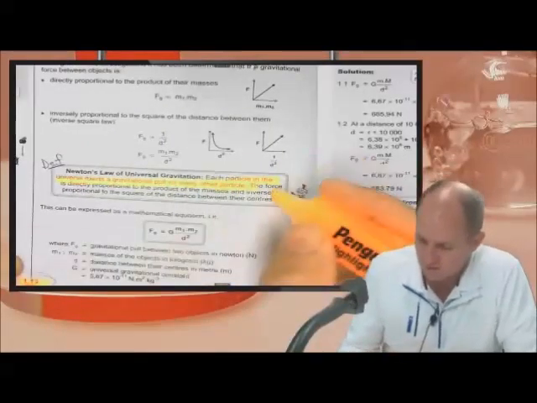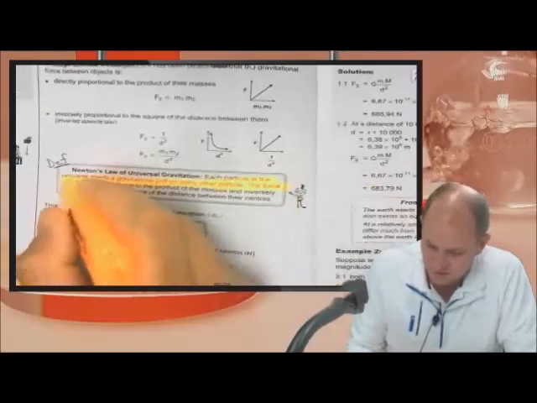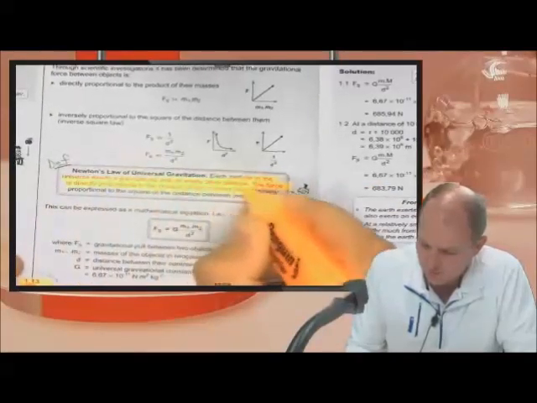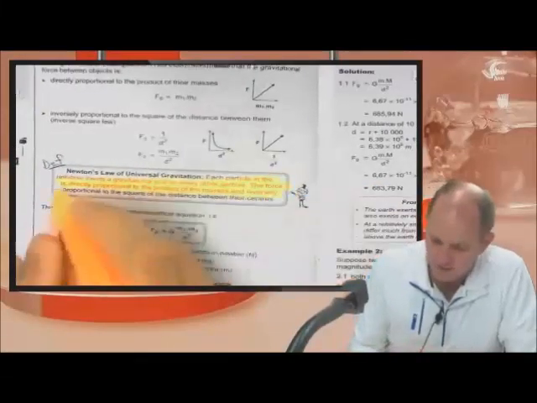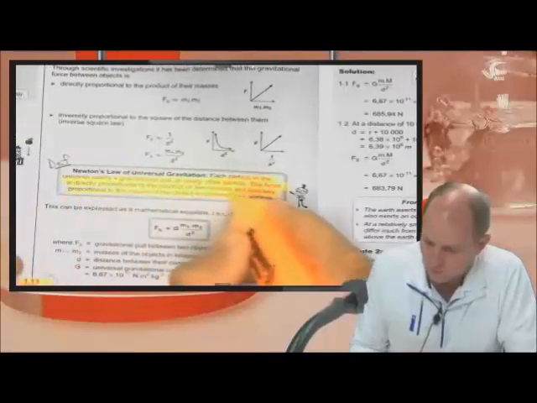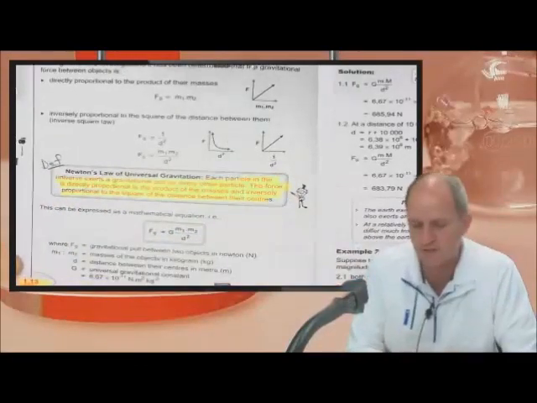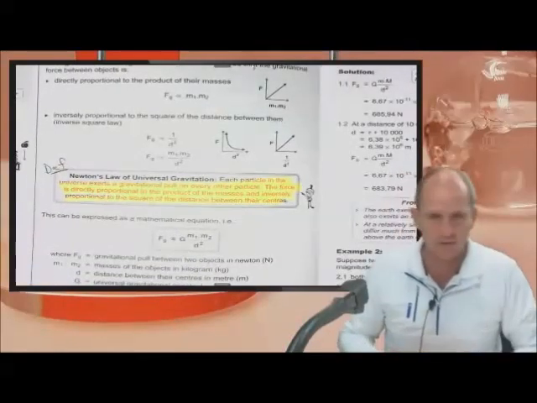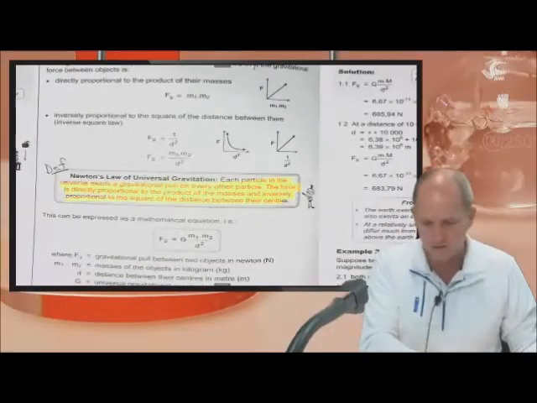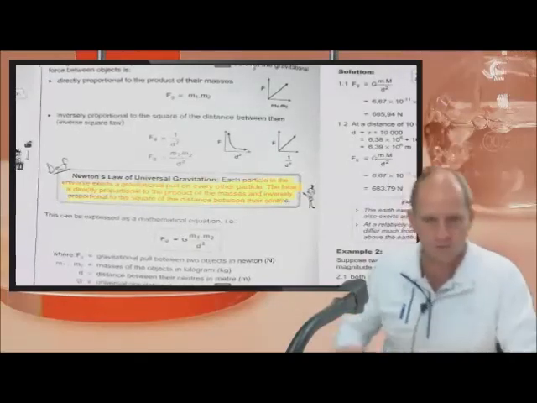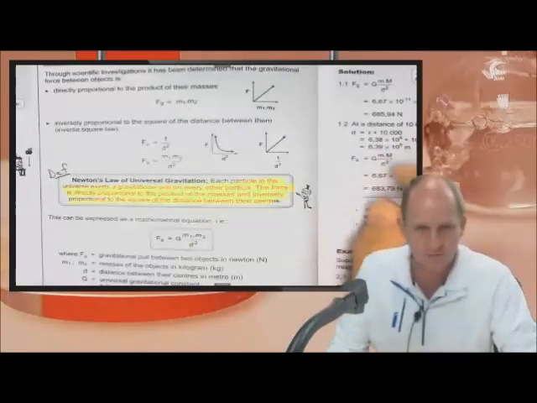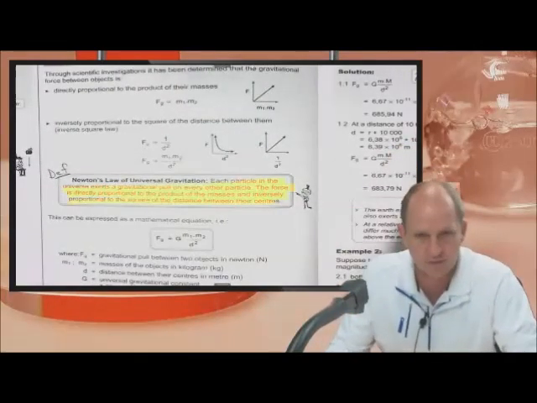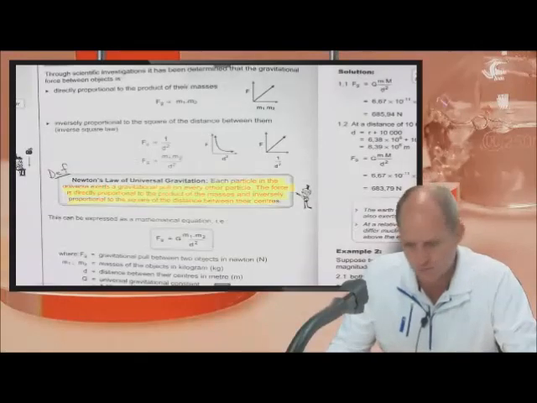The force is directly proportional to the product of the masses and inversely proportional to the square of the distance between their centers. There is your definition. You need to know that definition. Every question most of the time will start off with a concept or a definition, so please make sure that you study this one for the exam.